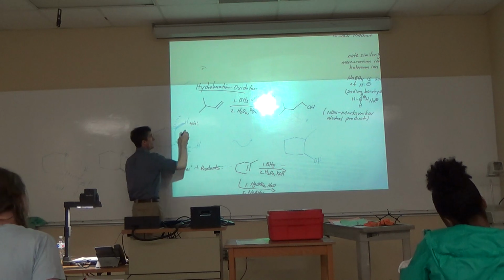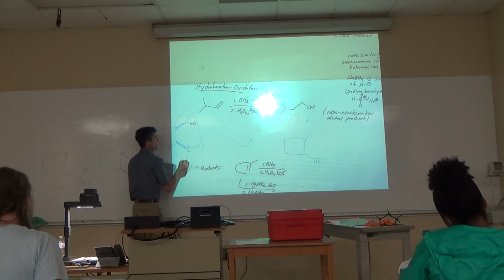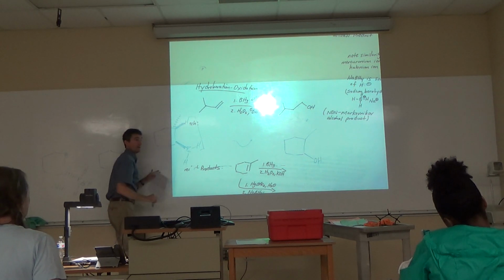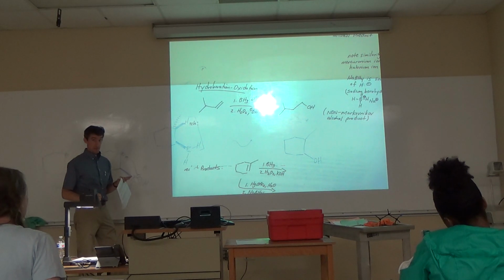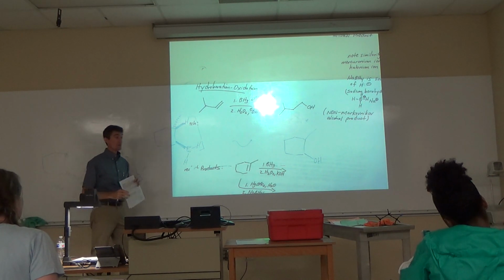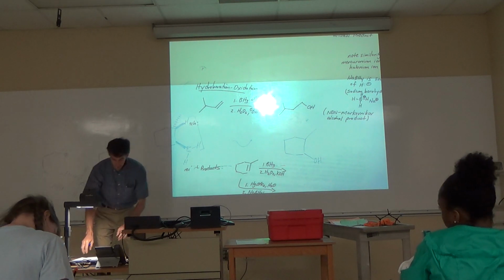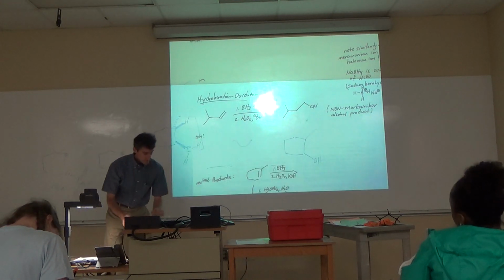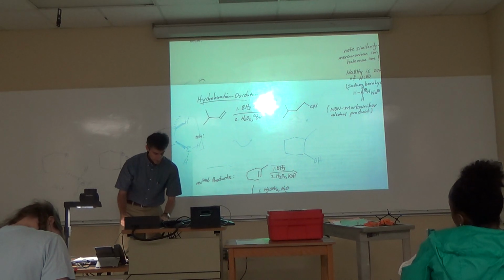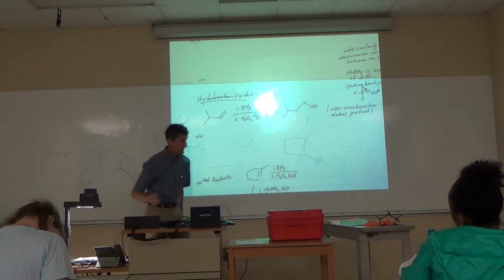This is in step one. And what did we just add to the alkene? BH3. But in what manner did we add the BH3? Do we have an outline somewhere? What color is the outline of the green?